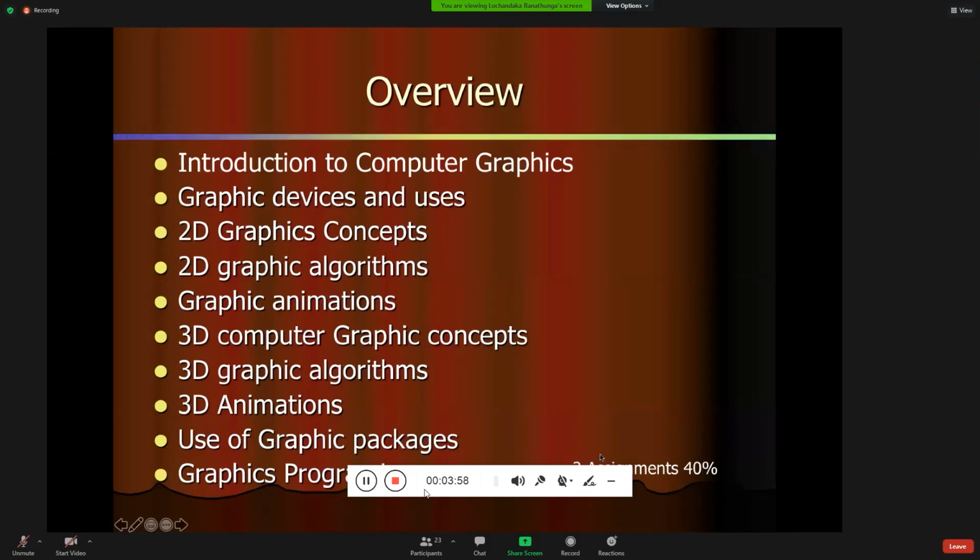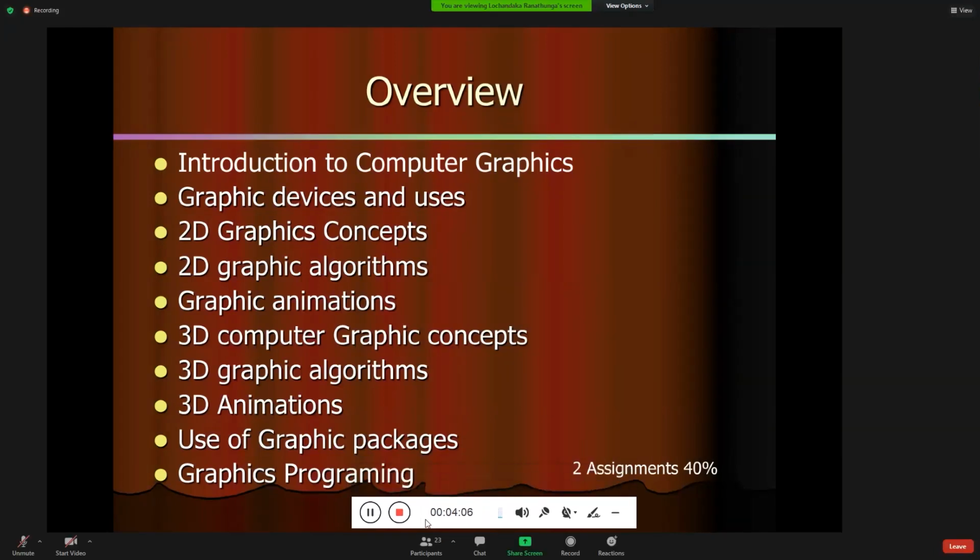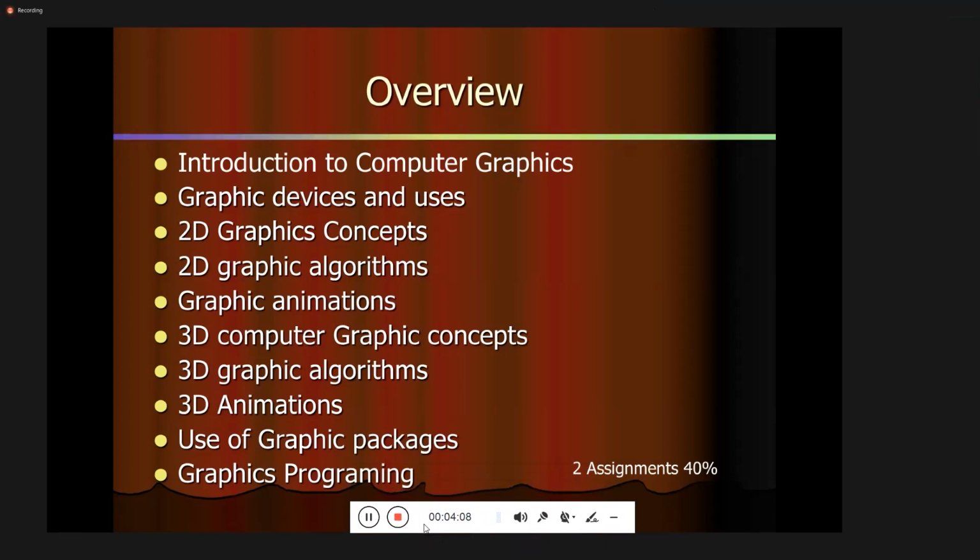Now, for this particular subject, you have to know there are two components available, a practical component and a theoretical component. Under the theoretical component, we are giving a final examination paper. There are two assignments available for you. Those are continuous assessments, practical assessments.